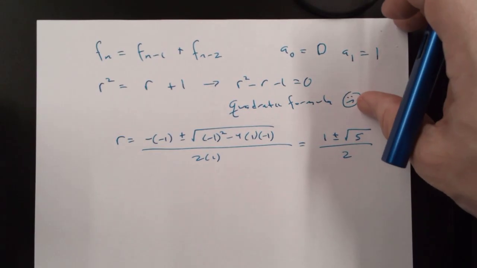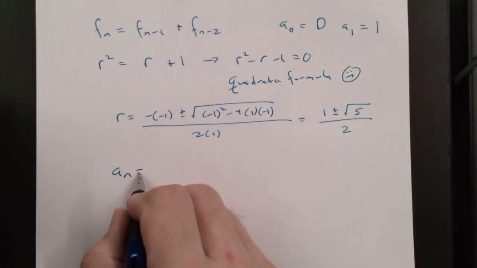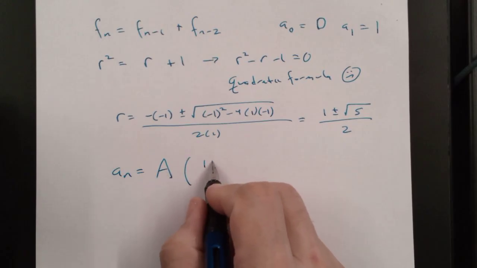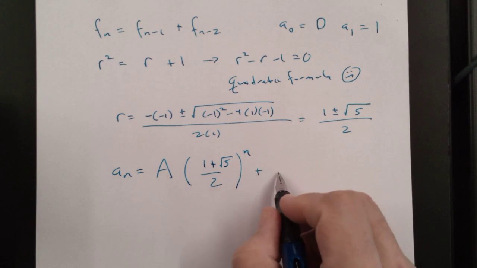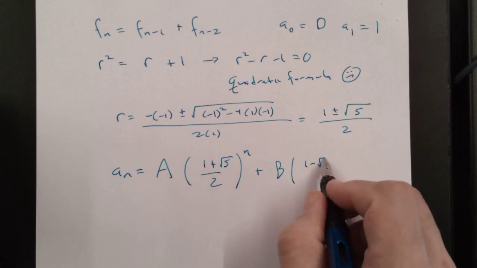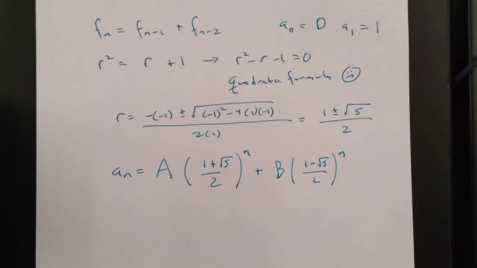So here's the problem. The problem is that that sucks. And what really sucks is that I have to plug in n equals 0 and n equals 1 to solve for a and b.